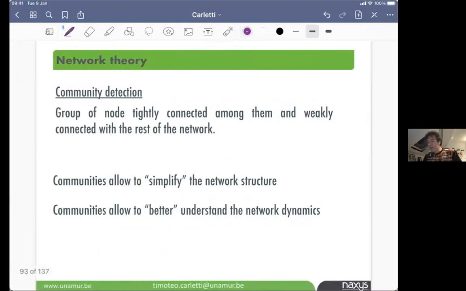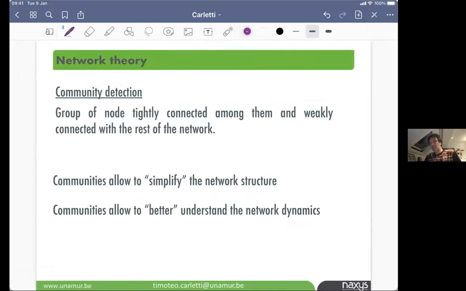Okay, so there are many algorithms for community detection. This is a well-established research domain. Again, we have a huge number of algorithms, some better than others, some more capable of determining certain structures than others.